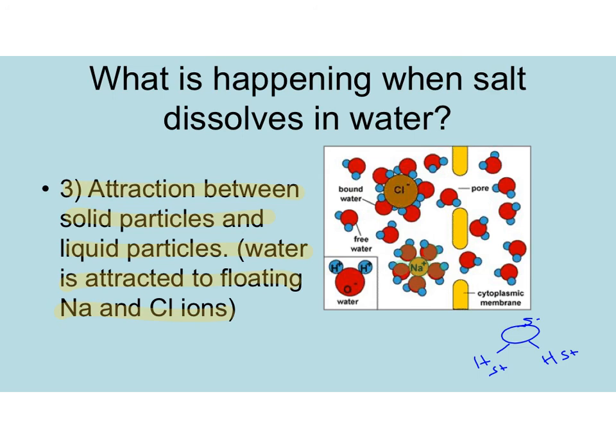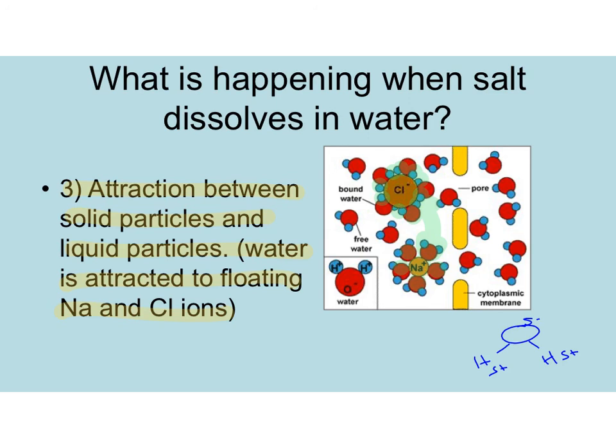Then over here the chlorine is a negative ion, and it's going to be attracted to all the hydrogens on the water because hydrogen has a slightly positive charge. That's what's really causing it to dissolve: you're keeping these two particles separate. If the sodium's not bonded to the chlorine, you don't see it as an ionic compound or as a crystal. You see it as an ion that's disappeared, or dissolved, in water.